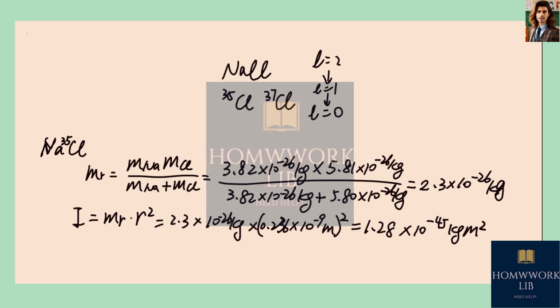So finally, let's look at the wavelength emitted when it transitions from L equals 2 to L equals 1, and then when it transitions from L equals 1 to L equals 0. It might be easier if we first calculate the energy.